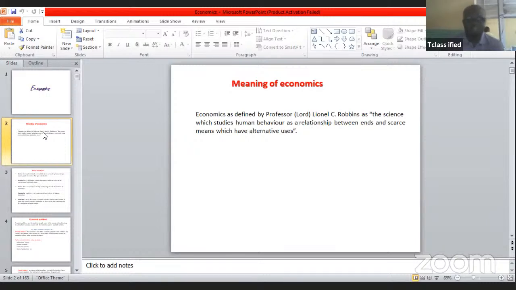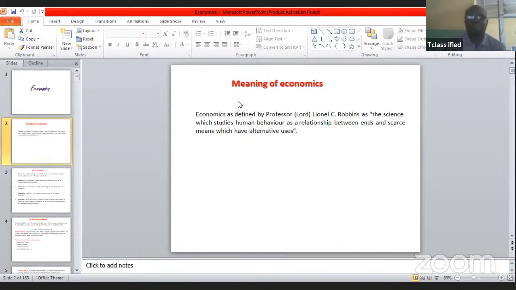This is the definition everybody is supposed to know. We have other definitions, but this one by Leonard Robbins encompasses everything you need to know about economics.